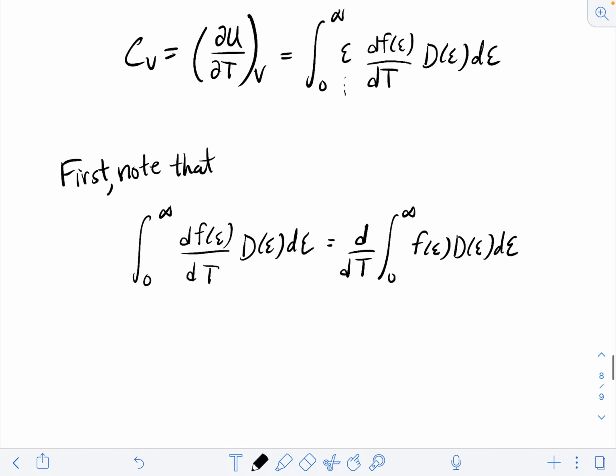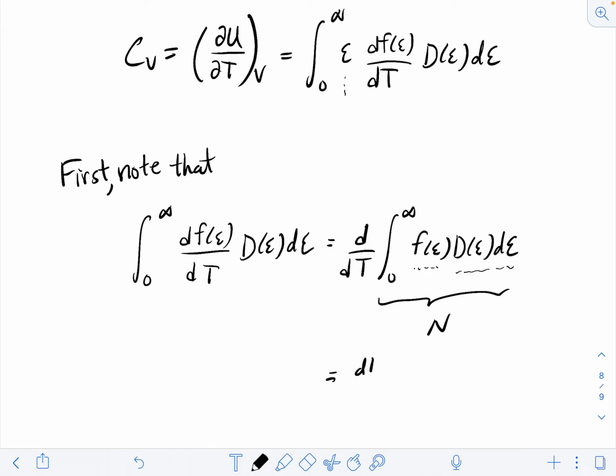But we just worked with this expression, right? The number of states, D of epsilon d epsilon, times the probability that that state is occupied, and integrate over all energies. That's just the total number of particles in our system. This is N. But if we have a closed system, then the number of particles is fixed.